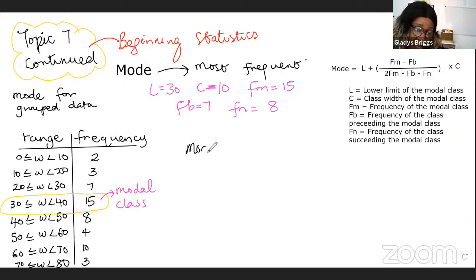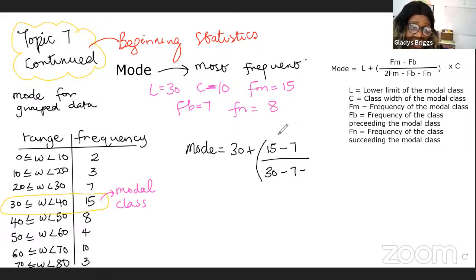Mode is equal to L, 30, plus FM 15 minus FB 7 over 2 times FM, 30, minus FB 7 minus FN 8, times C, which is 10.